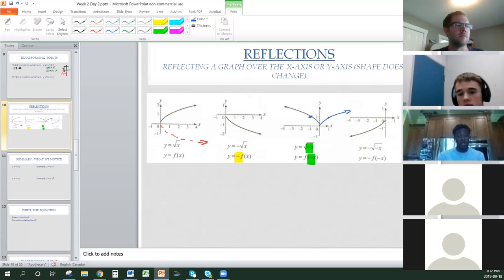It's now making this 4 or negative 4, and so forth. So really what you need to understand is that when it's being reflected over the x-axis, the negative is on the outside. And when it's being reflected over the y-axis, it's within the brackets.